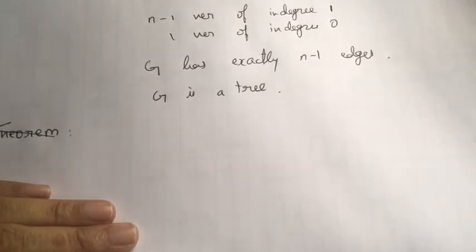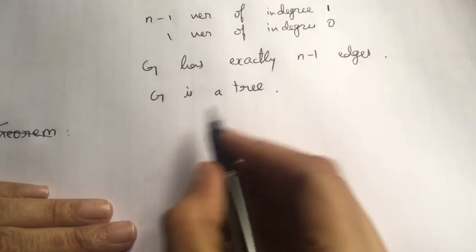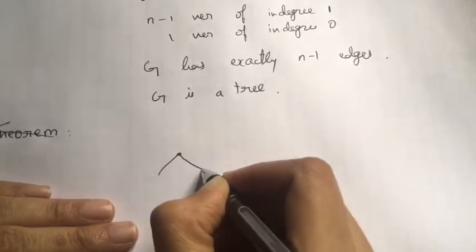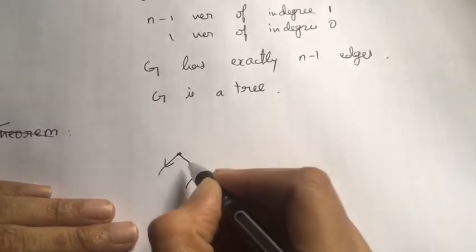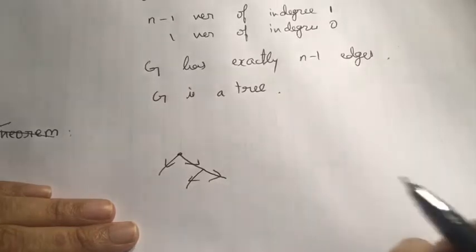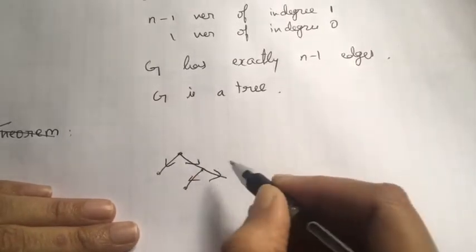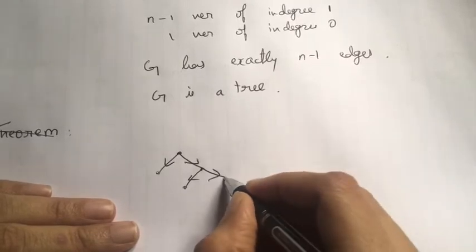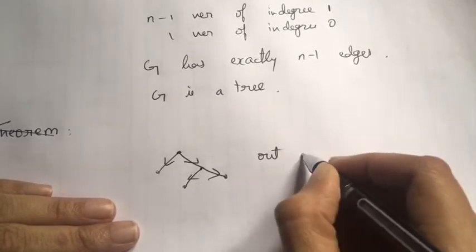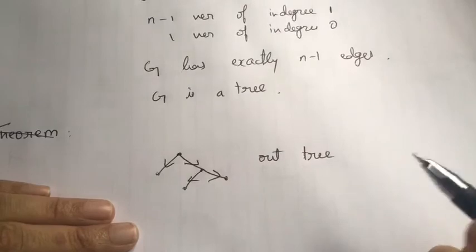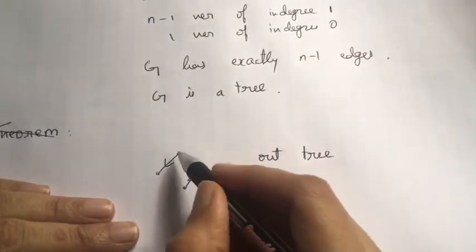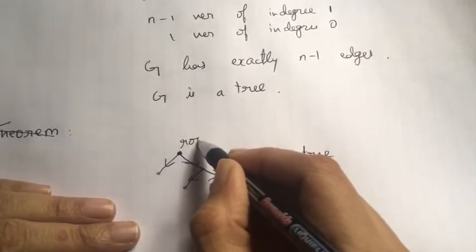In fact, an arborescence is a tree directed out of a root. See, when we draw like this, it's a tree directed out of a root. So sometimes we call this arborescence an out tree, since all the edges are directed out of the root.